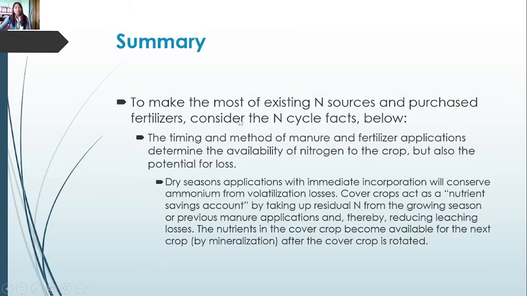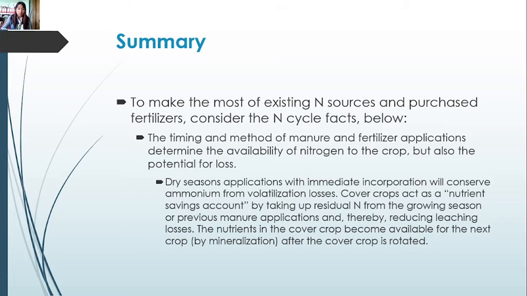Okay, so to make the most of existing nitrogen sources and purchased fertilizers, so this is in a practical situation, consider the nitrogen cycle facts below. The timing and method of manure and fertilizer applications determine the availability of nitrogen to the crop, but also its potential losses.